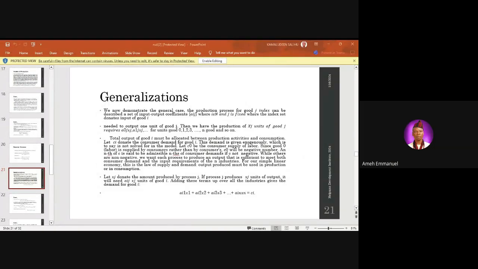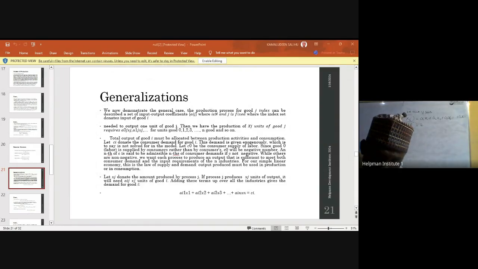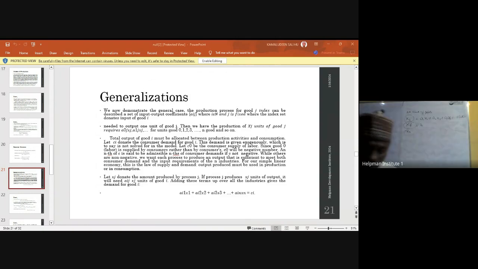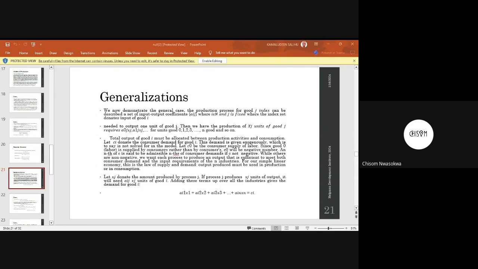You are working on the board already. I want to show you a clue on the generalization that I just shared. Are you sharing your screen, or are you working on the board? Okay. It looks like Kamal is still sharing the screen.